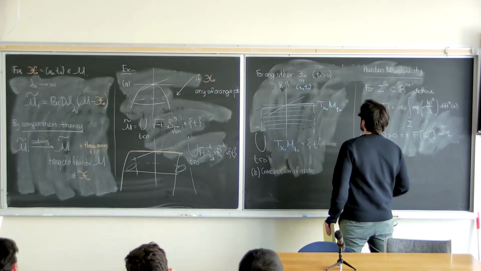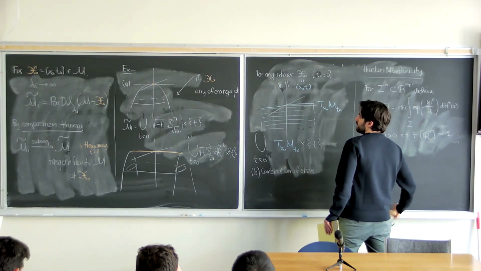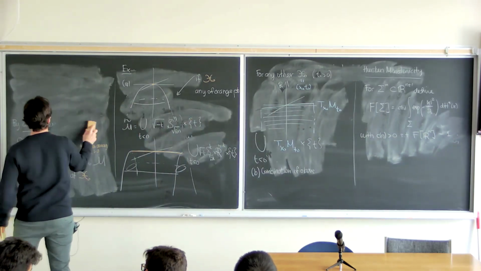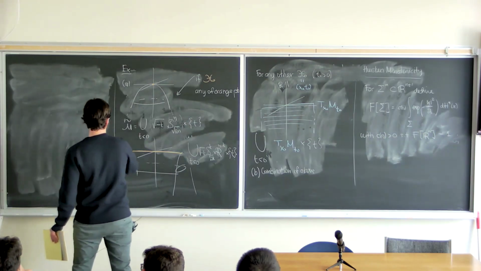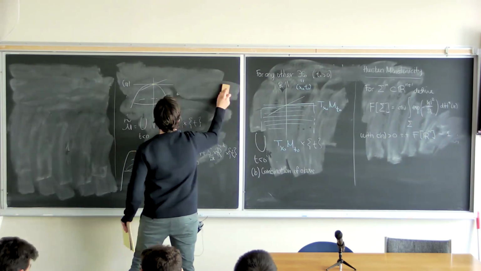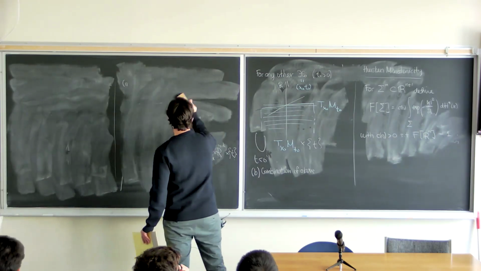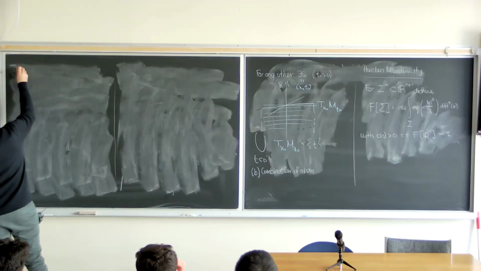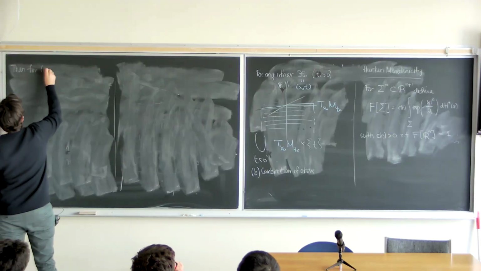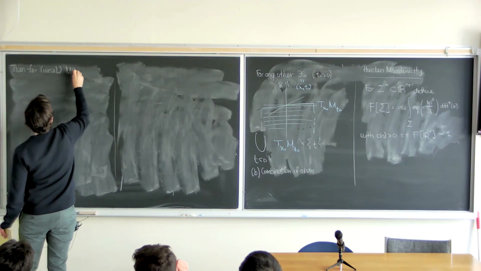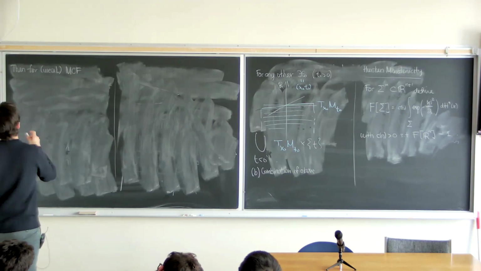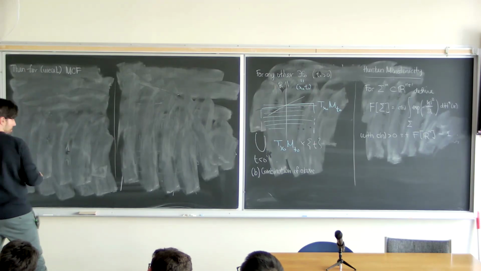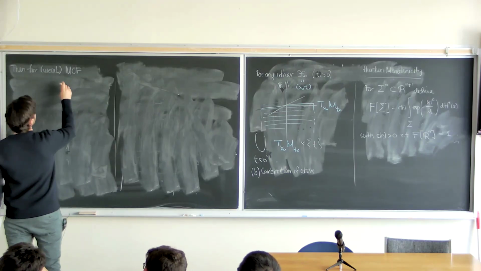Okay, now once you have this, then you can define the Huisken density for a flow, including weak flows. For a weak mean curvature flow, let's be precise.